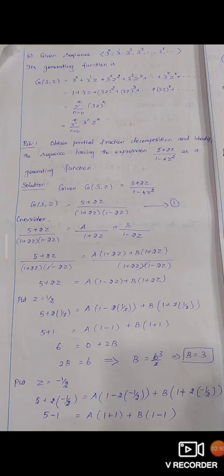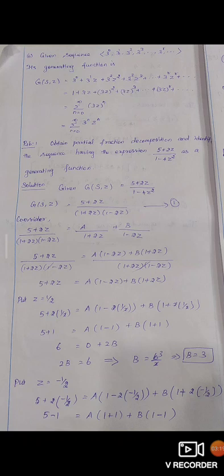So 1 + 3z + (3z)^2 + (3z)^3 + etc. + (3z)^r + etc. The general form is summation n equal to 0 to infinity (3z)^n. You have to write it summation n equal to 0 to infinity 3^n into z^n. This is our generating function of the second sequence.